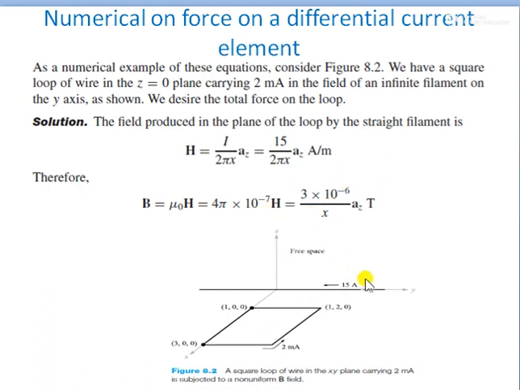So you can observe here a square loop of wire in the xy plane carrying 2 milliamperes is subjected to a non-uniform field B. So you can see here x is equal to 1 and x is equal to 3, along with y is equal to 2.